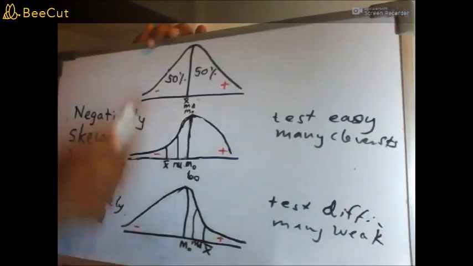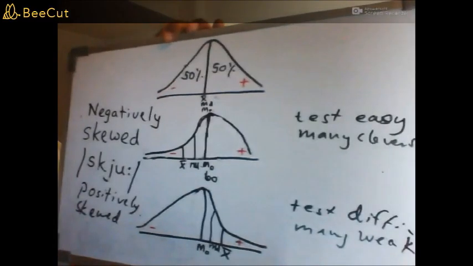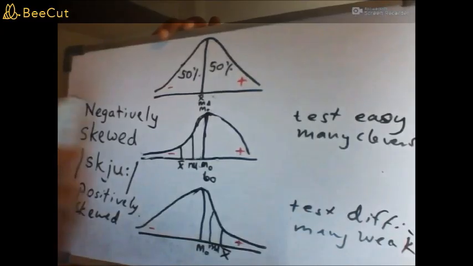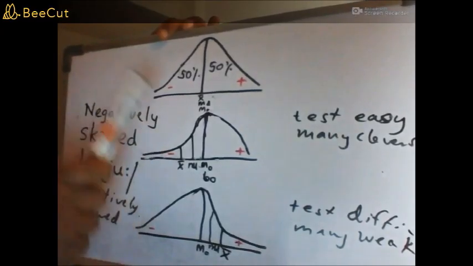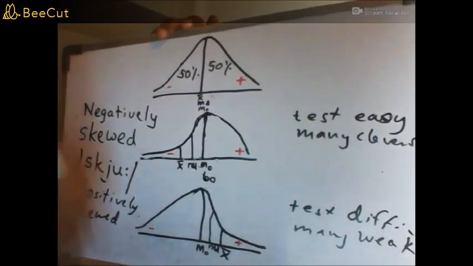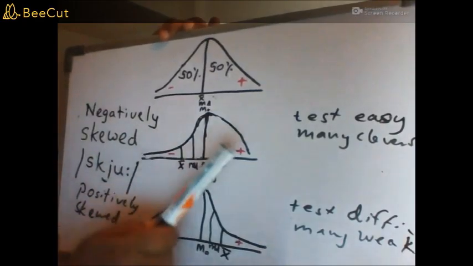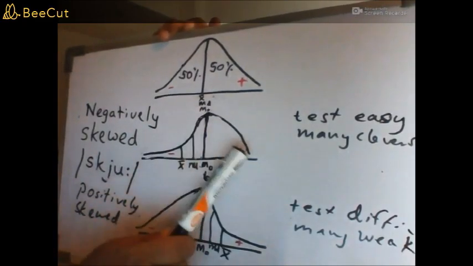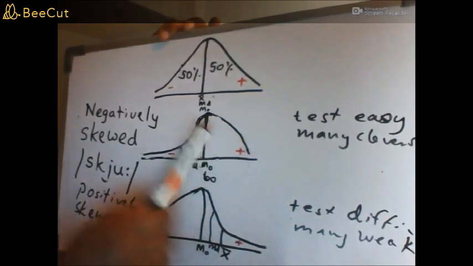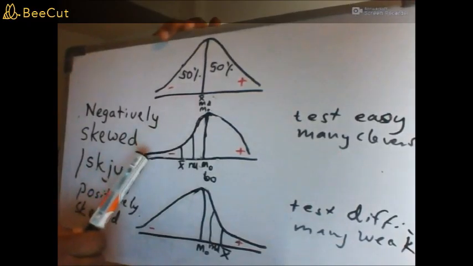In the normal distribution, 50% and 50% are on both sides. But usually the situation is not like that. We can find many students have scored high marks in a particular test, and we call that negatively skewed.